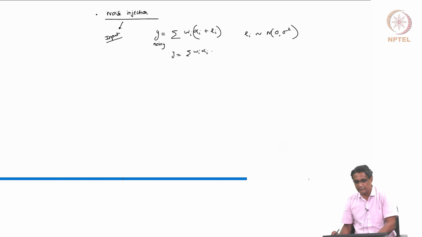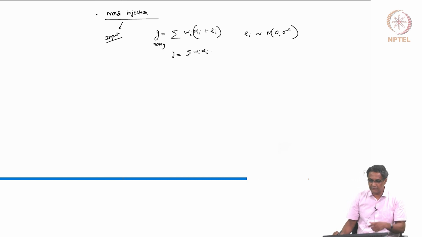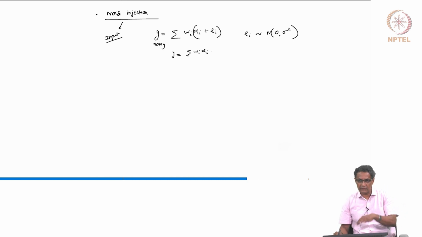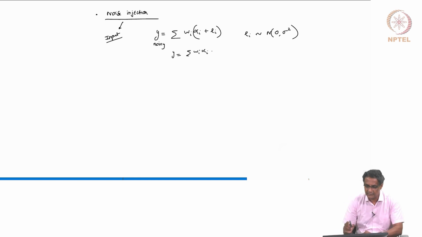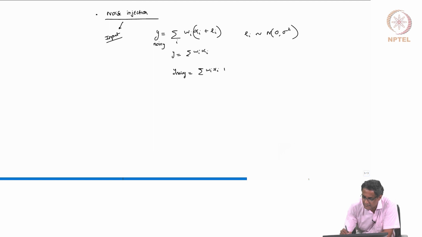But the fact that I am injecting noise into xi means that effectively what I will see is not the original y, but a y noisy. You can just expand it, so that becomes the summation over i of wi xi plus wi ei.